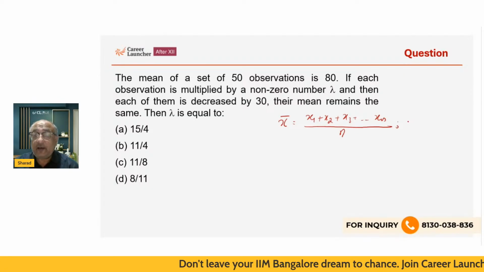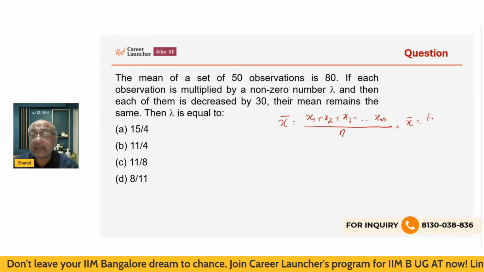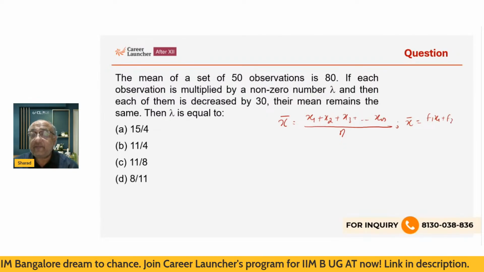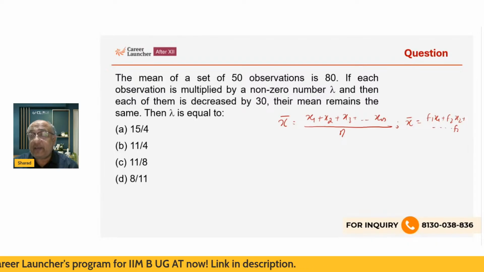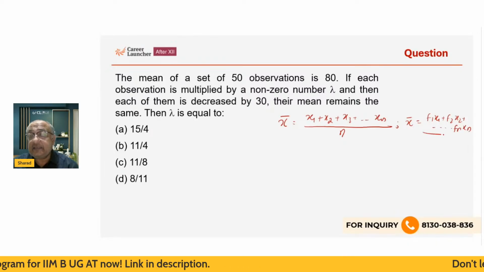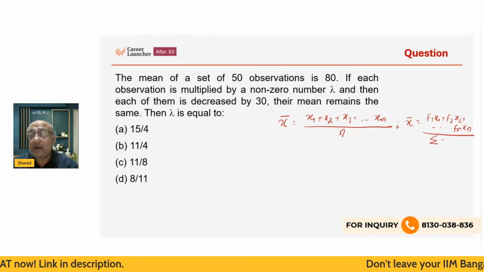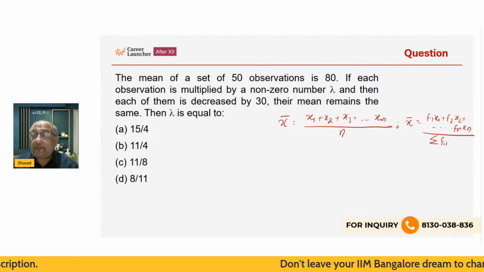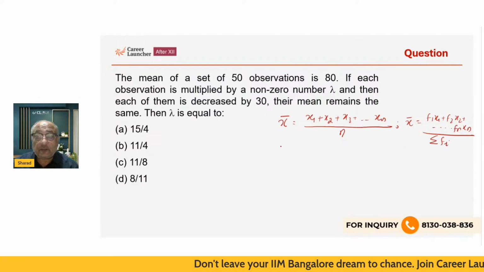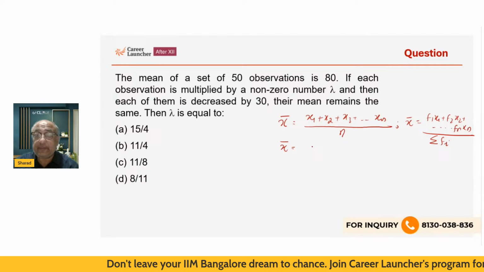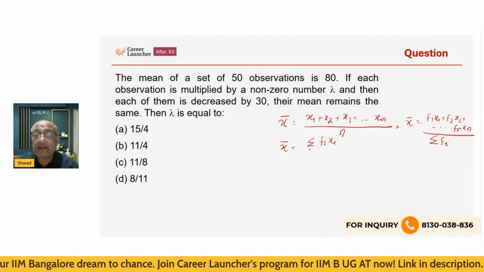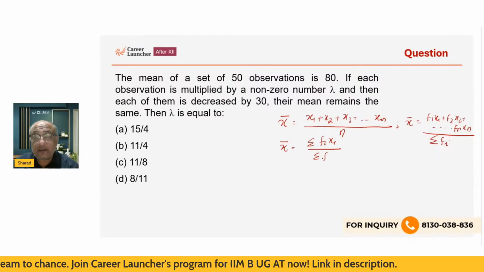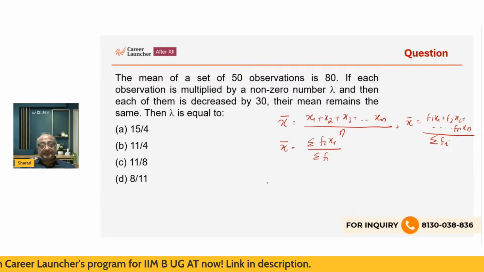If you have a frequency associated with everything, then you will write f1 x1 plus f2 x2 plus dot dot dot fn xn, and this entire thing is divided by sigma fi. This formula is remembered as, for frequency-based data, sigma fi xi upon sigma fi. So we have to remember this.